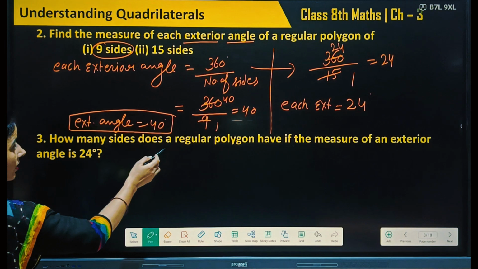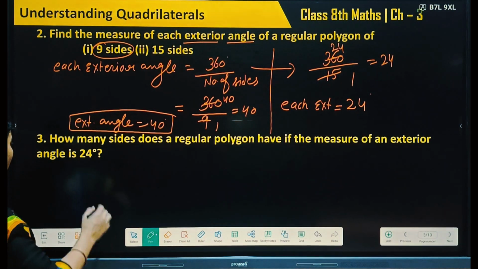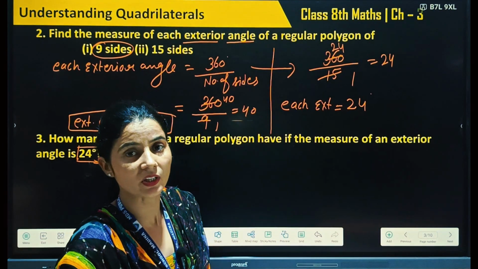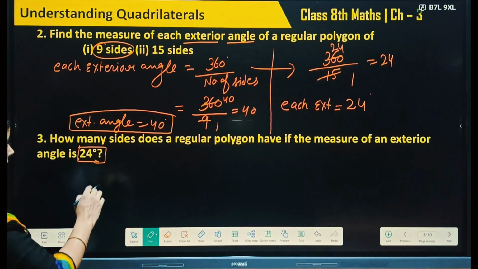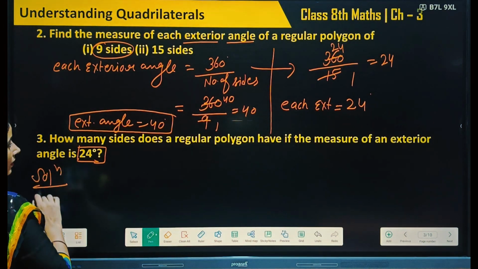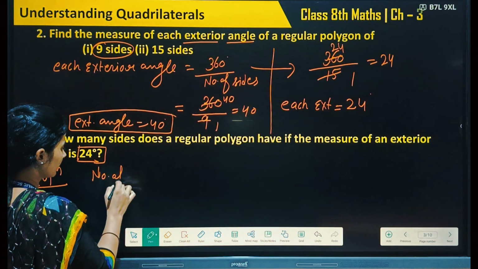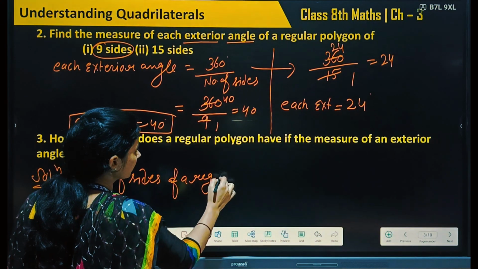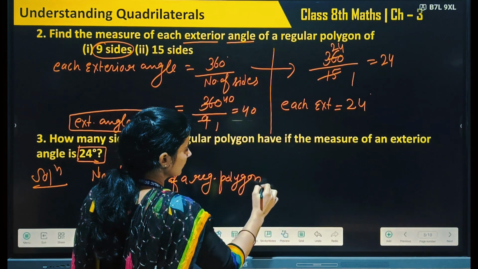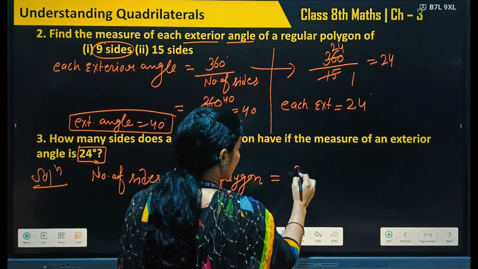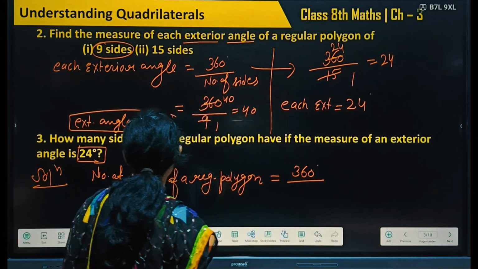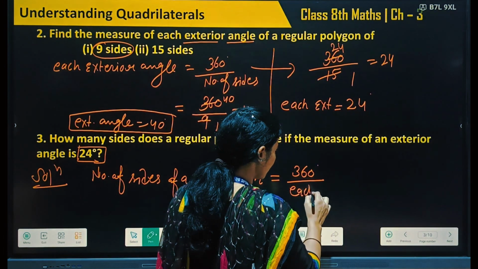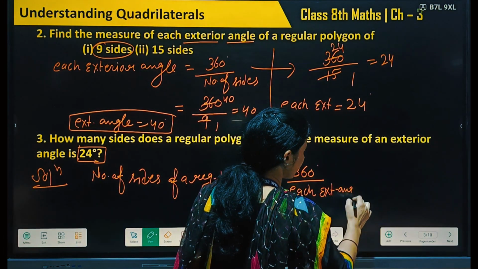How many sides does a regular polygon have if measure of an exterior angle is 24 degree? This time we need to find out number of sides, and each exterior angle is given to us 24 degree. We will write in solution number of sides of a regular polygon equals to 360 degree upon each exterior angle.